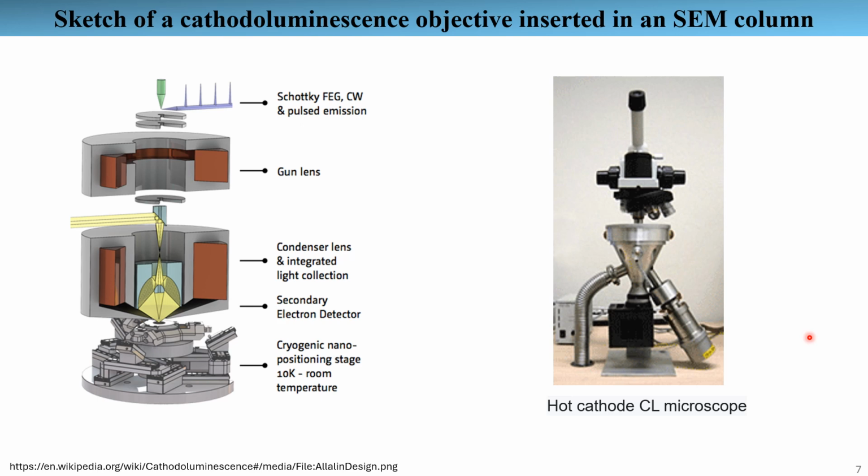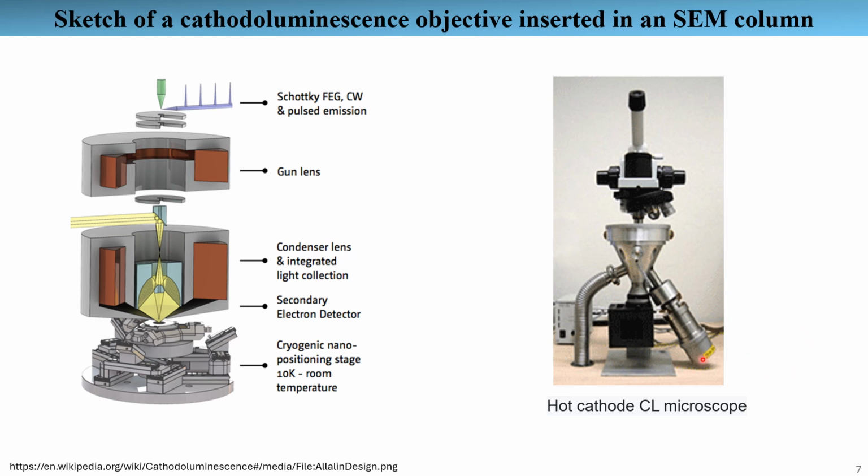Cold cathode CL microscopes are the simplest and most economical type, and the hot cathode type generates an electron beam by an electron gun with a tungsten filament. The advantage of a hot cathode is the precisely controllable high beam intensity, allowing it to stimulate the emission of light.